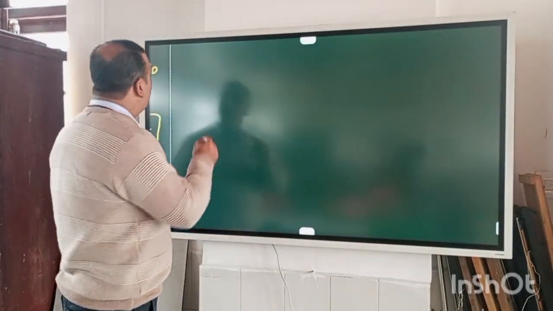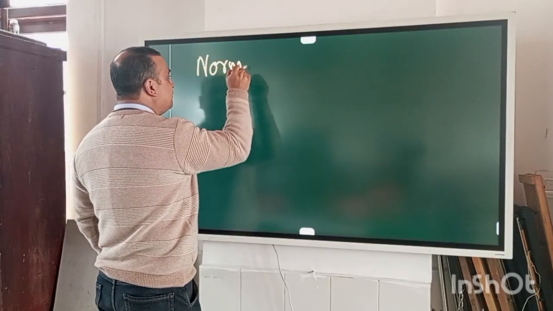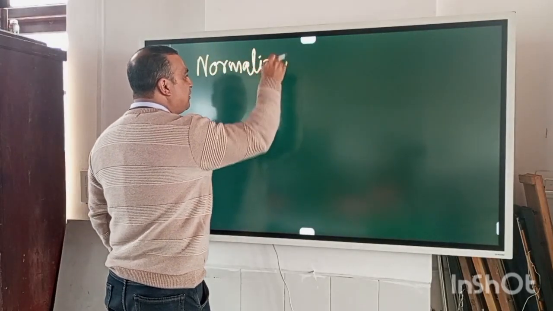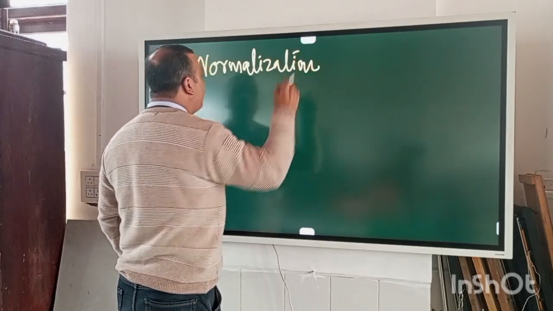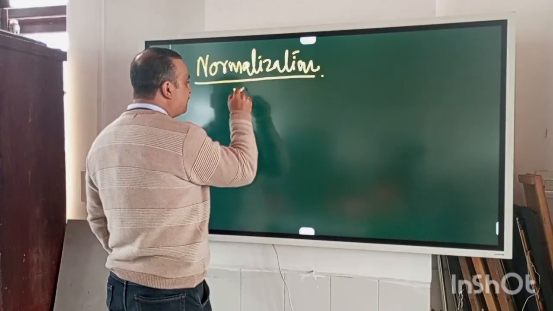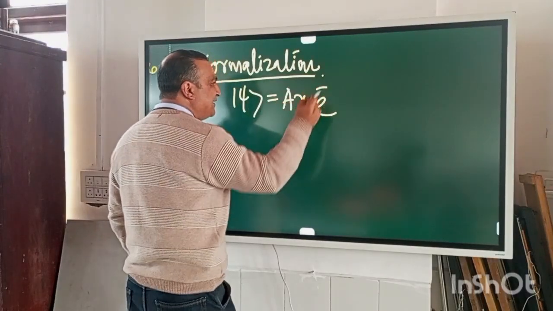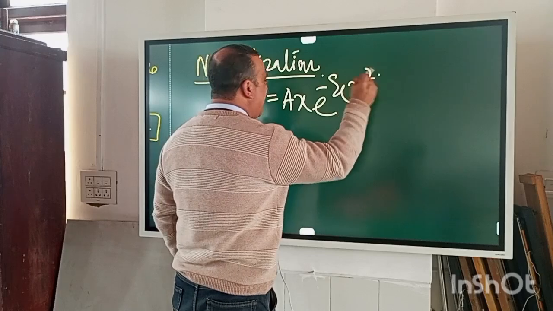So what should we do now? We should use the normalization condition to calculate the value of A. So what I have is the state psi, and this psi is A x e to the power of minus zeta x squared.